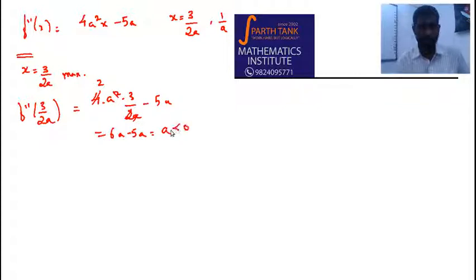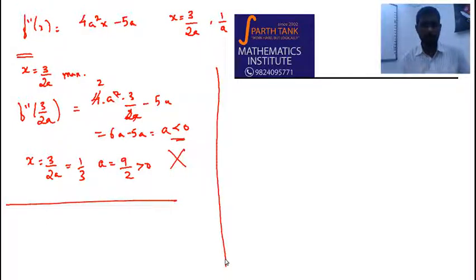So a should be less than 0. If a is less than 0, and then they have given that the maximum occurs at 1 by 3, in this I get a is 9 by 2, which is greater than 0. So there is a contradiction here. So x is equal to 3 by 2a cannot be the maximum.